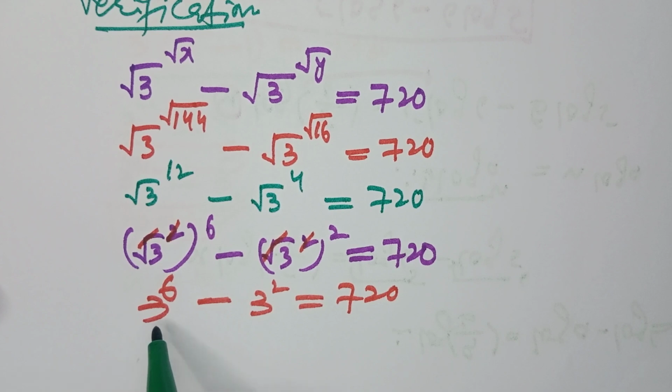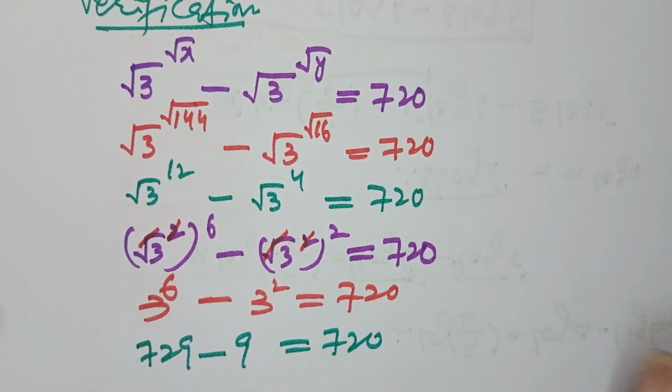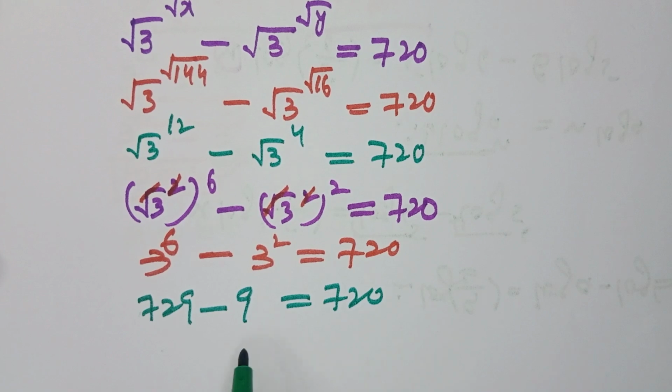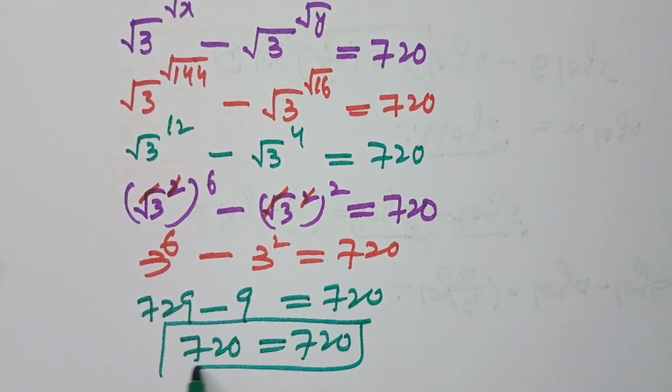So 3 power 6 is simplified as 729 minus 3 square, which is 9, is equal to 720. So 9 subtracted from this, we get 720 is equal to 720. Proved. It means the values of x and y are right.